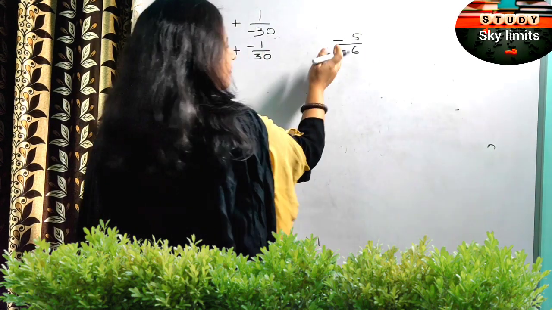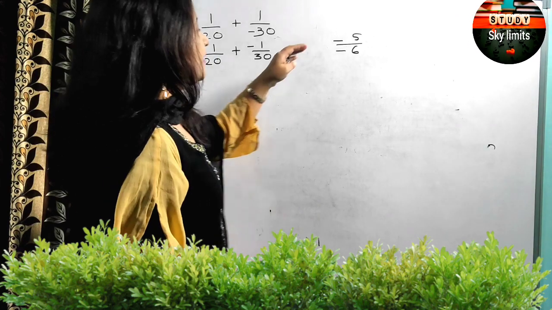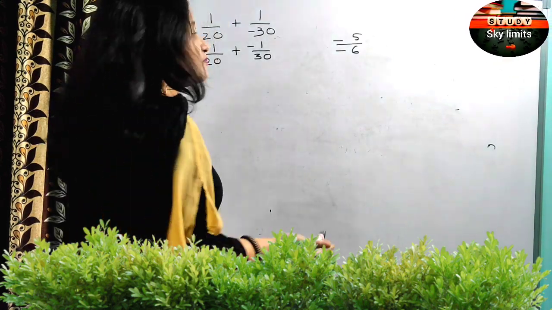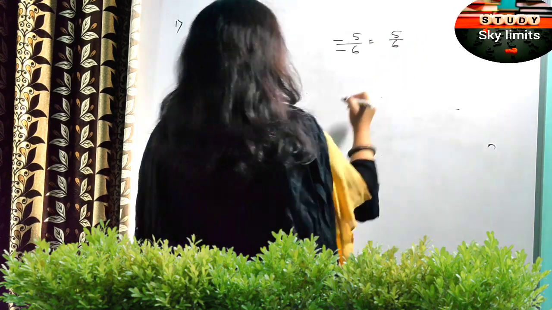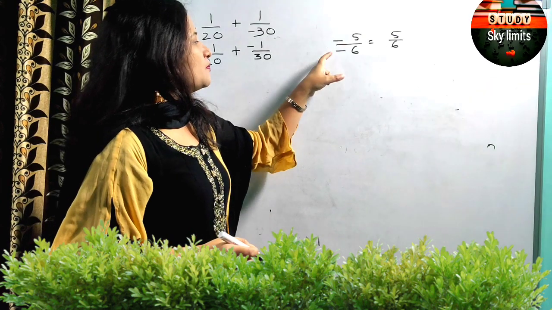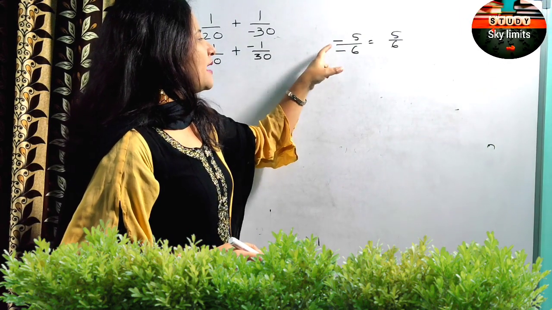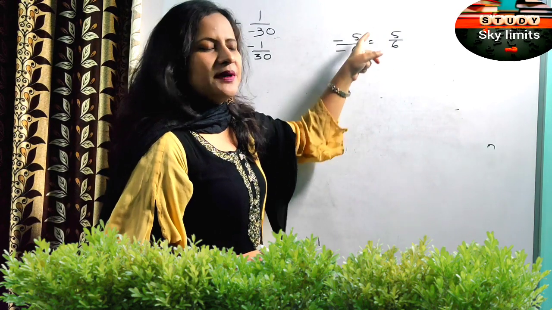Suppose you have both negative here. You know that when both the integers are negative, the answer will obviously be positive. So the standard form for this will be 5 by 6. Remember it. Remember when both the numerator as well as the denominator have negative signs, then it becomes completely positive in the standard form.